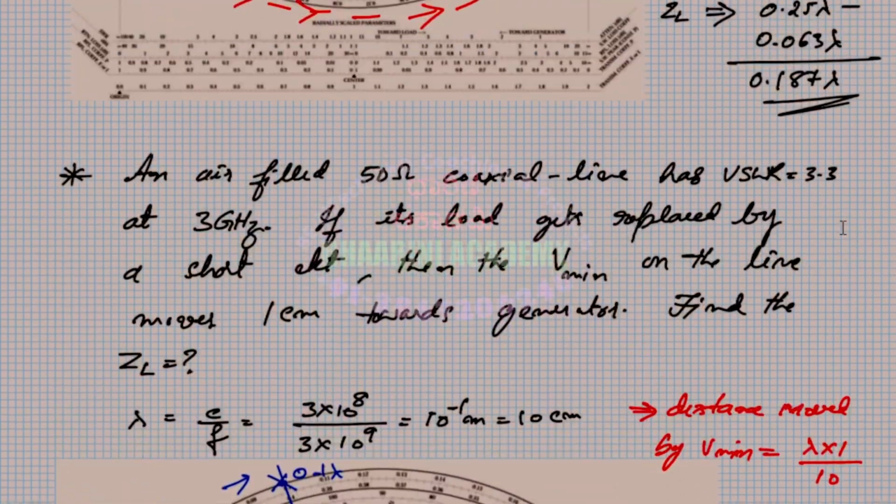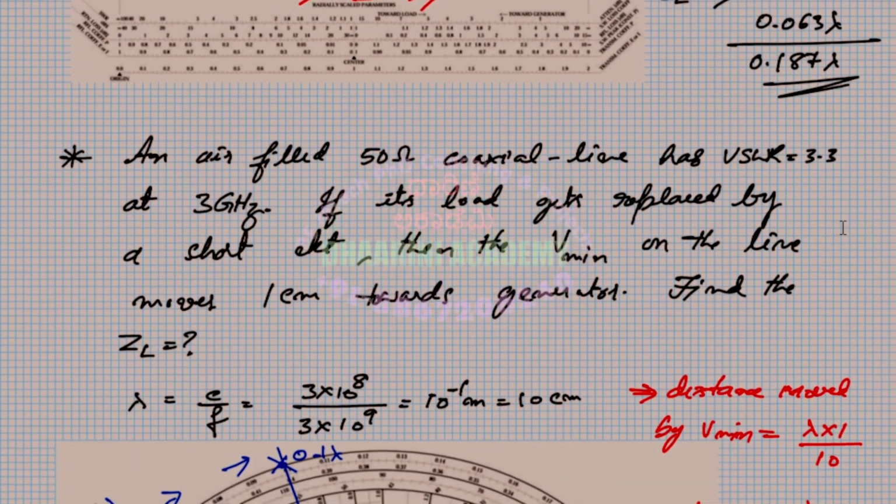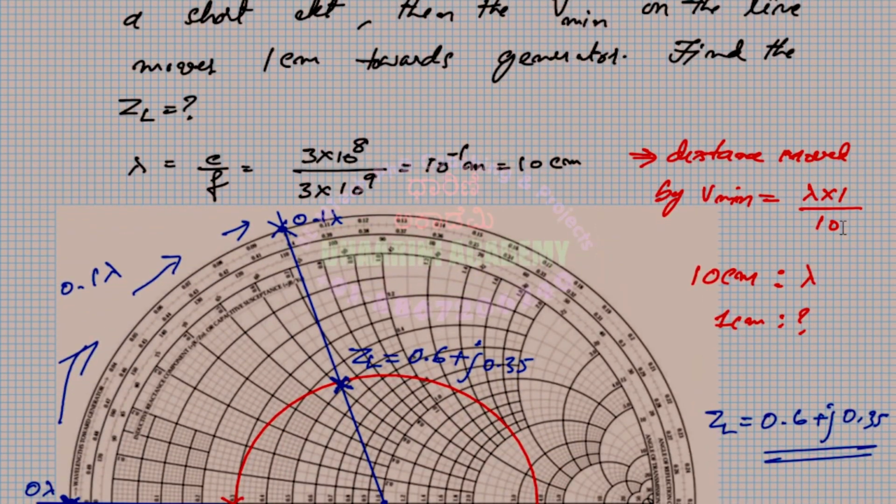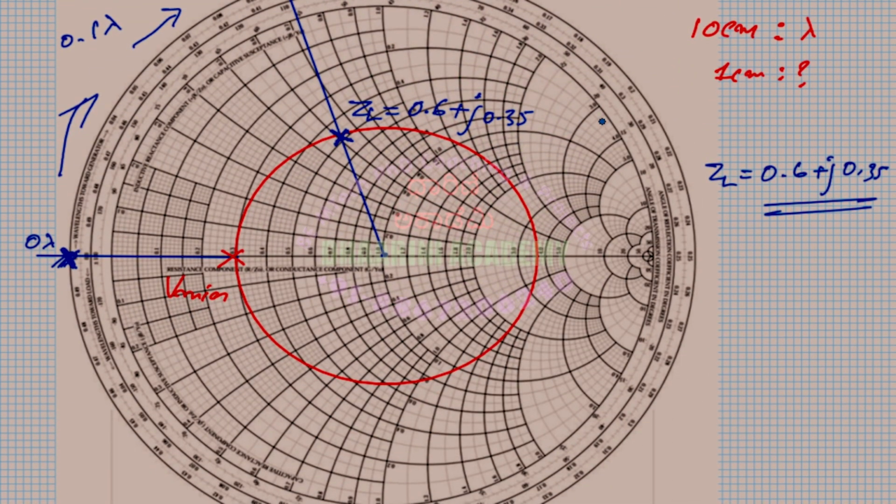Z naught is not given. Is given? Yeah, yeah. Okay. So 50 ohms is given, right? Yeah, please do that. Multiply this with 50 to get the actual answer. Sorry, I didn't know that. So into 50. So this is 30 plus j 17.5 ohms.